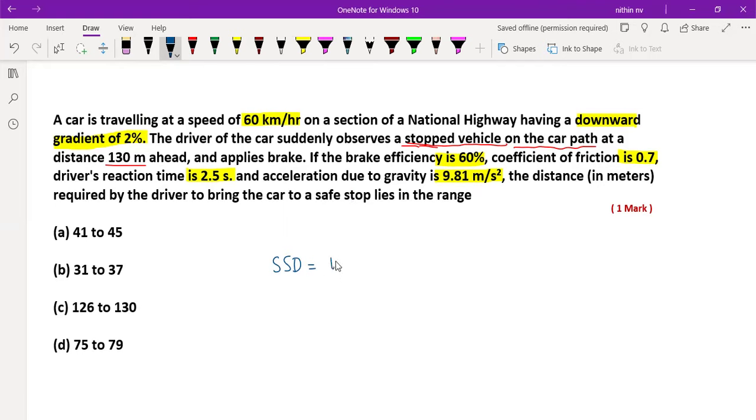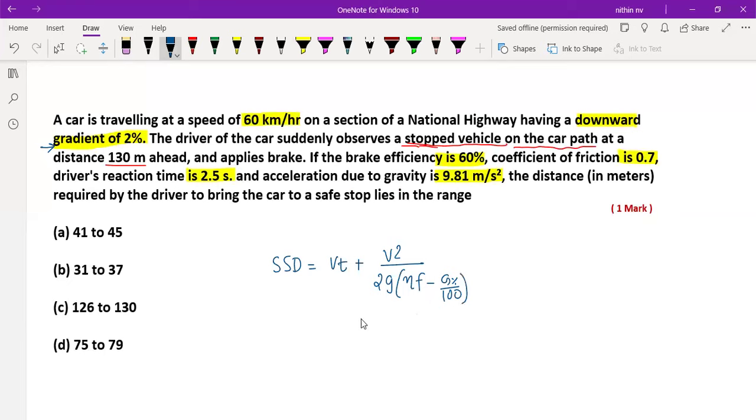So we know the equation of stopping sight distance. Either you can use the equation in terms of meter per second, which is nothing but v square by 2g. See here, they have given the brake efficiency, which means, first of all, we need to multiply the coefficient of friction with the brake efficiency. And also they told that the car is traveling on a downward gradient, right? Which means we need to substitute minus gradient value here.